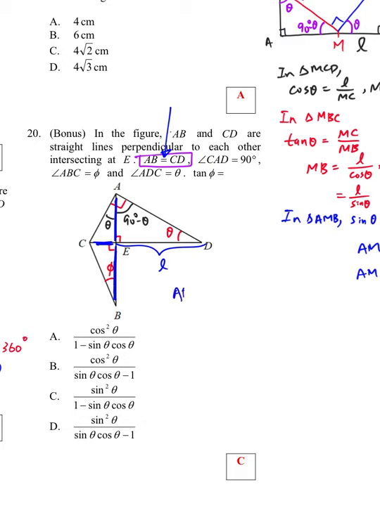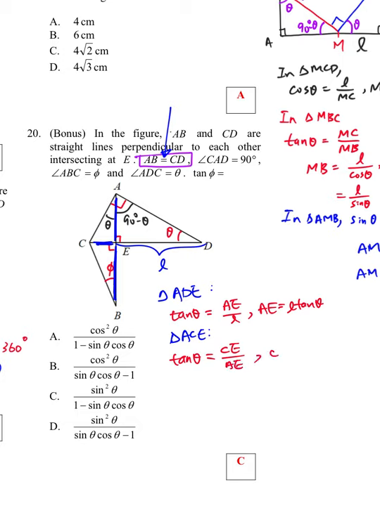So in triangle ADE, you see that tangent theta will be equal to AE over L, and AE will be L multiplying tangent theta. So in triangle ACE, you should expect that again tangent theta equals CE over AE, such that CE equals AE multiplying tangent theta, and AE is L tangent theta, giving you L tangent squared theta.